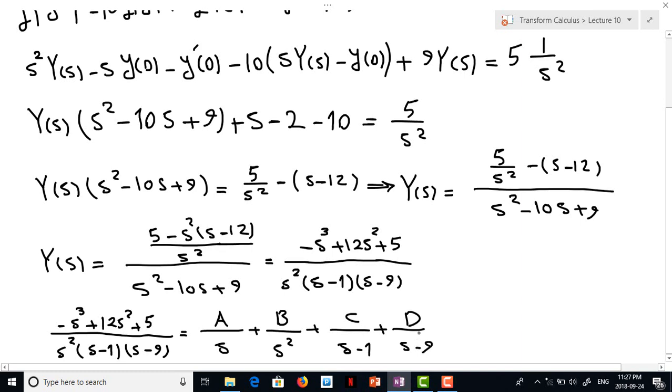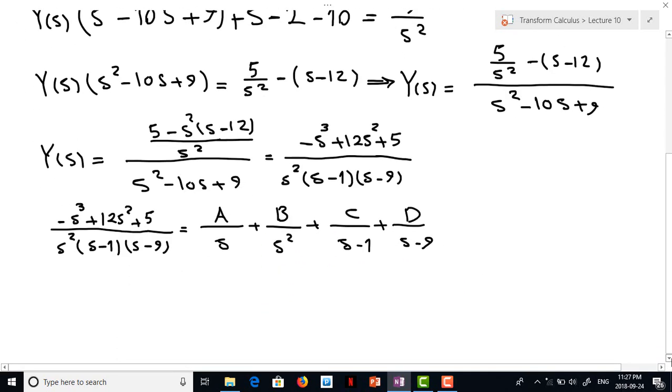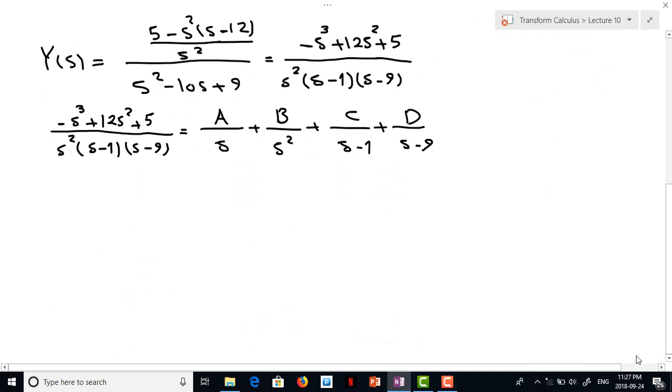So now we have to find A, B, C, and D. In order to find them, I just add these four partial fraction terms.